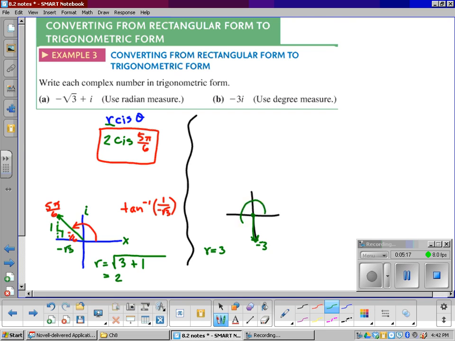And the theta, if we're on the lower part, the negative part of the y-axis, is going to be 270 degrees. In this case, we are in degrees. So it's easy to tell from the sketch what r and theta are without going through the same calculations that we had to do for r and tangent inverse on the previous problem. So this is going to look like 3 cis 270 degrees.